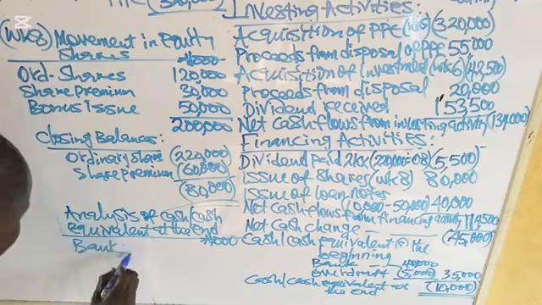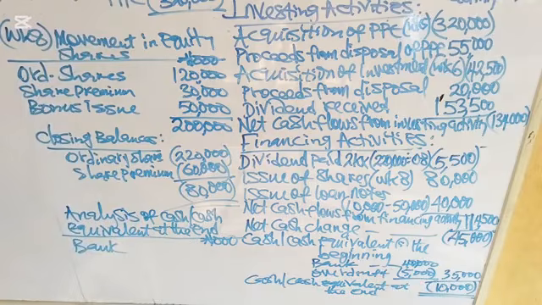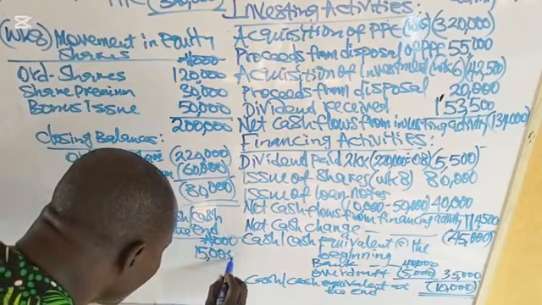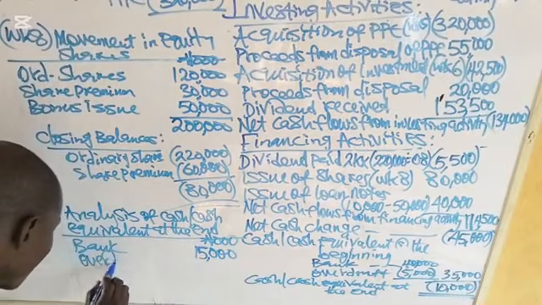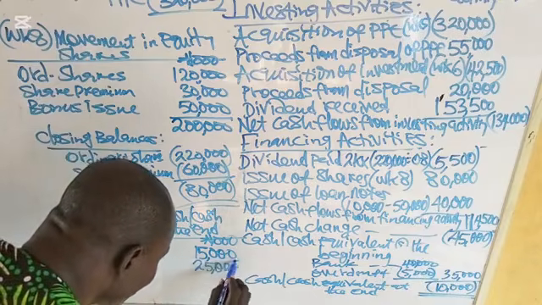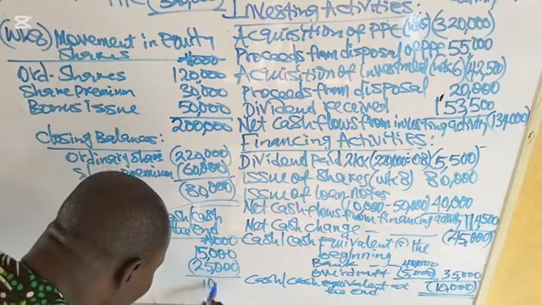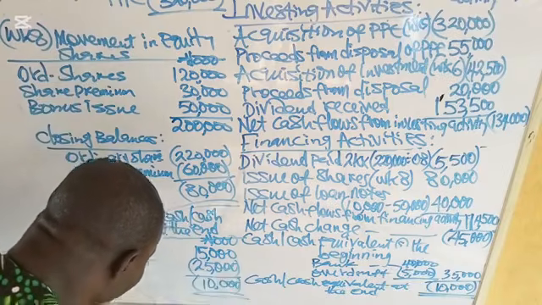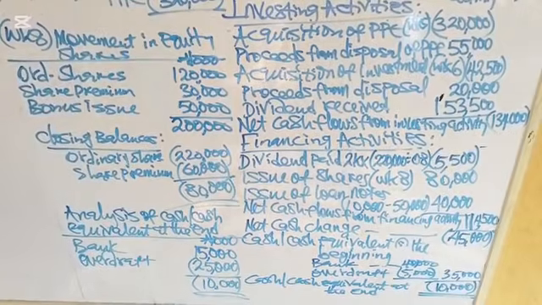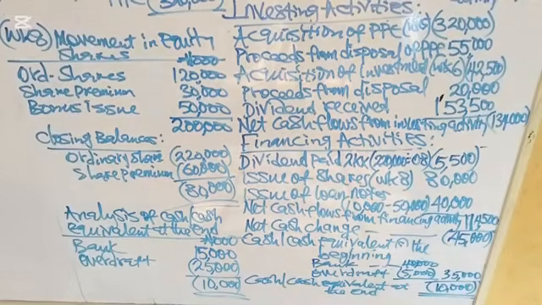How much is the bank? Bank is 15,000. How much is the overdraft? Overdraft is 25,000. 15,000 minus 25,000 is minus 10,000. So that is what constitutes the 10,000 we have in the solution. So this marks the end of the solution to the question.